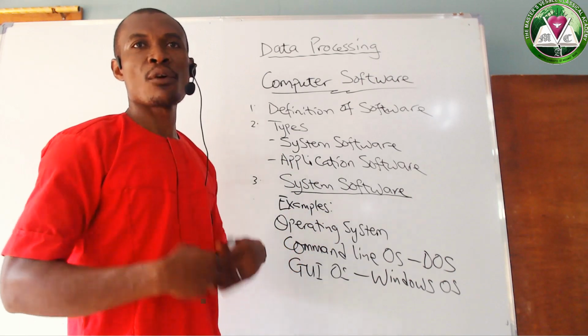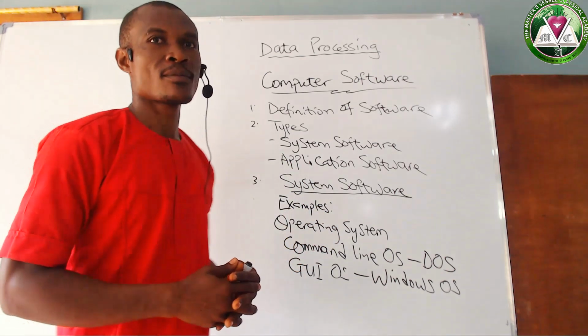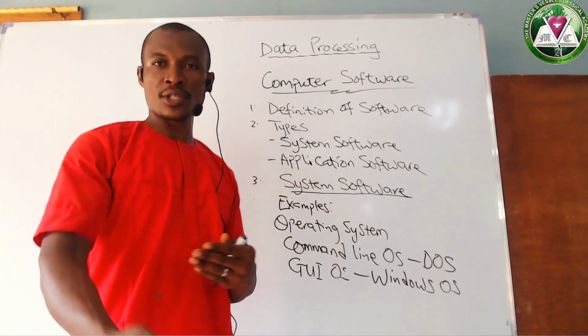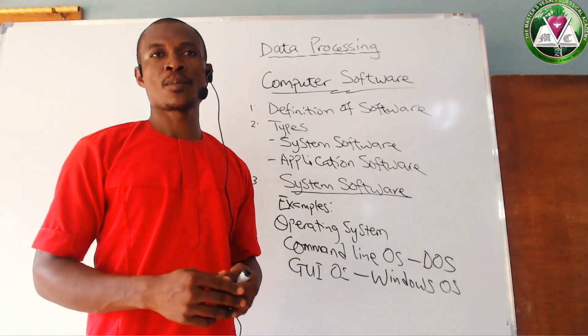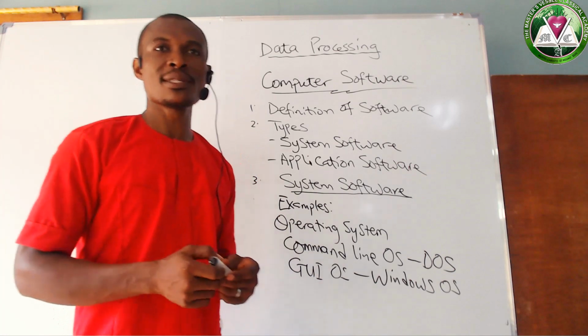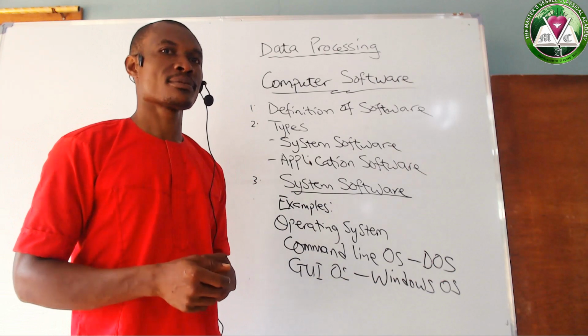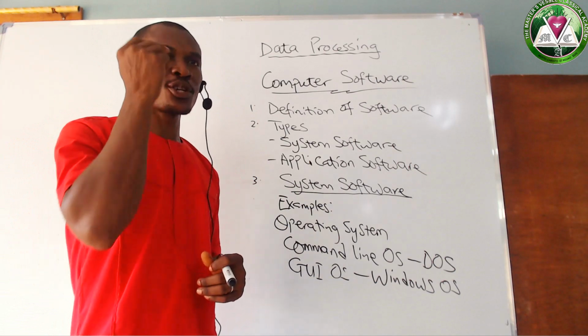Now when we look at functions of the operating system, there are so many, but we discuss a few. One of the functions of the operating system is resource management. What do I mean by resource management?